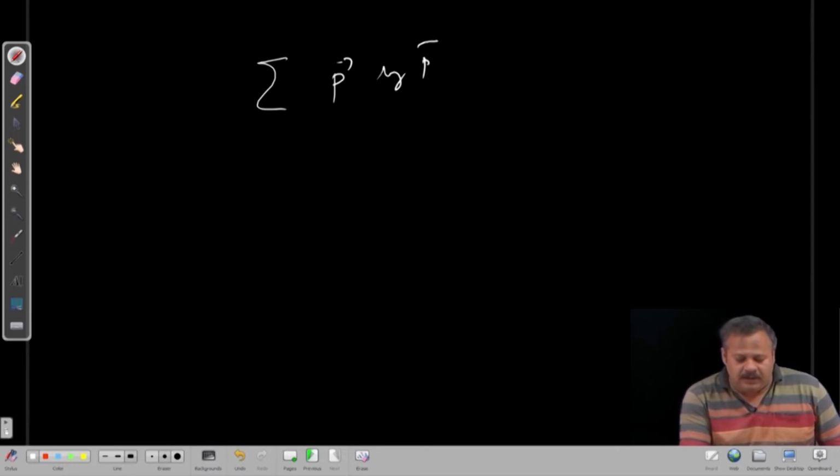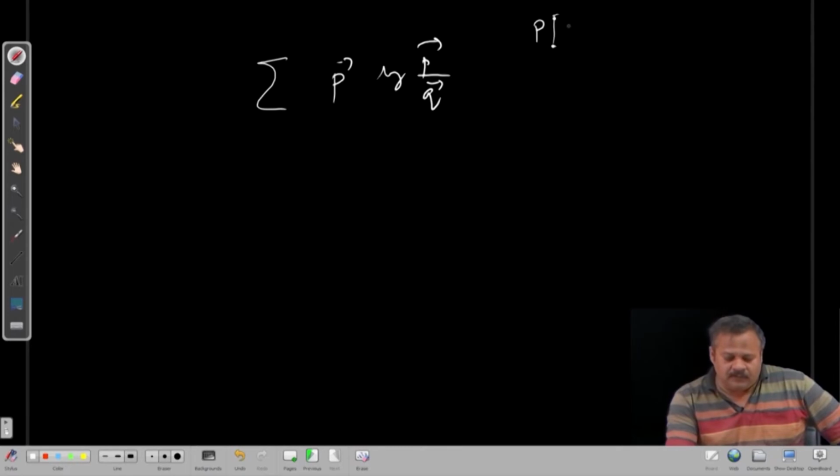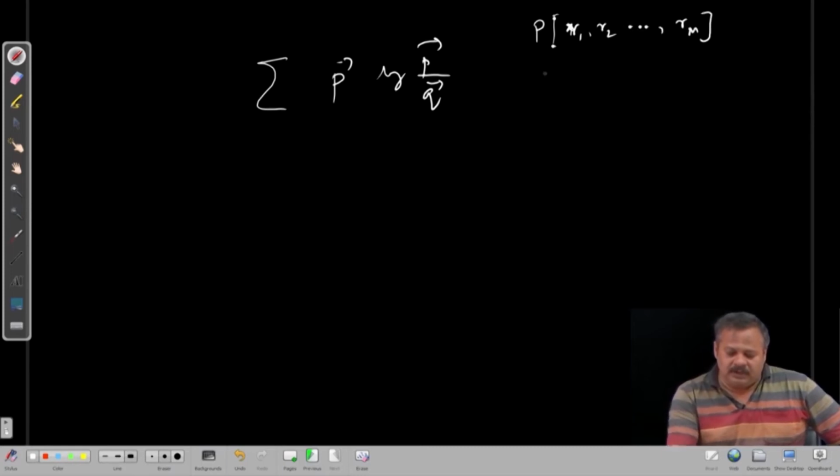That is summation p log p by q. So, p is the joint distribution, let us say probability of response 1, response 2 up to Rm, with a superscript of S1.